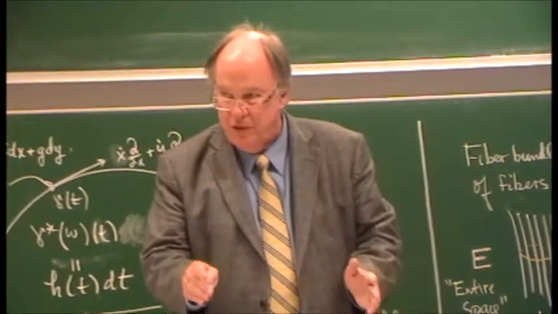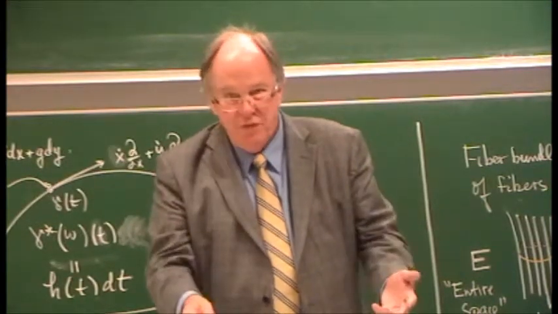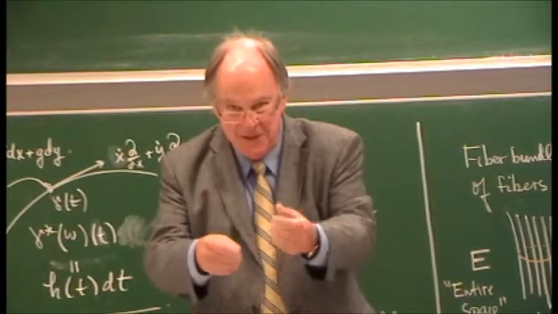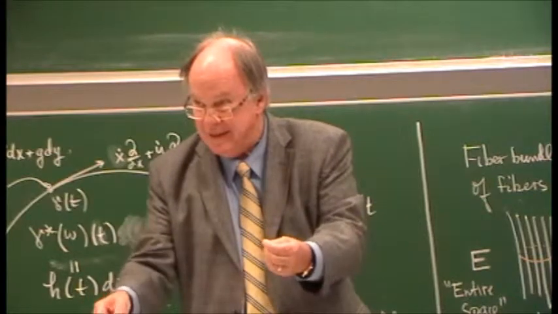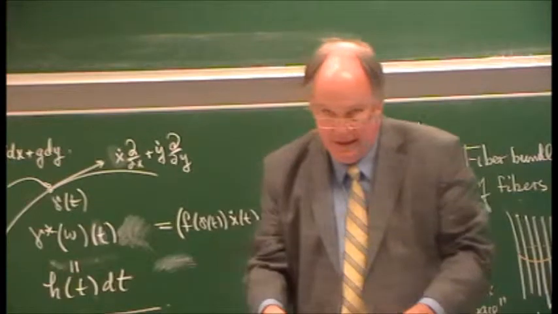My first introduction to this subject is upstairs space, downstairs space, fibers. It's purely formal. But each fiber is the same because each fiber is equipped with an isomorphism to a fixed thing. So in that sense, isomorphism in the sense of bijective.